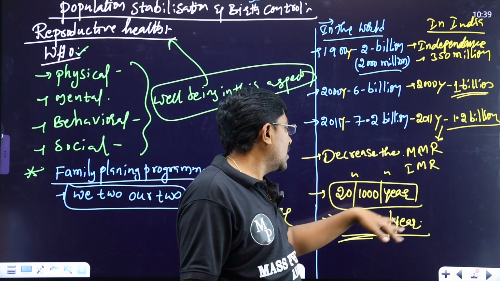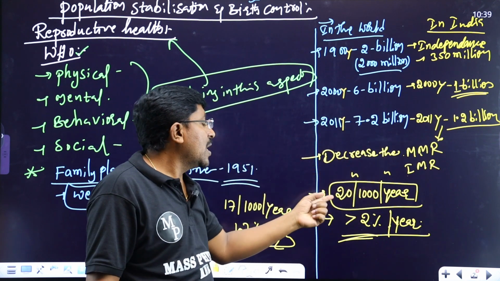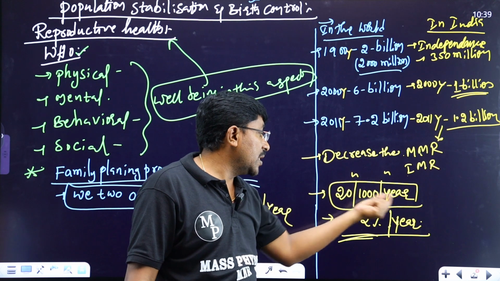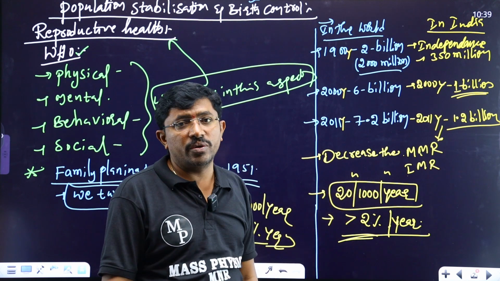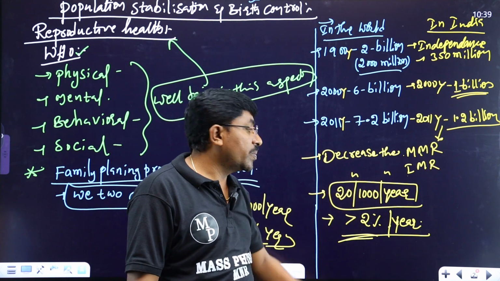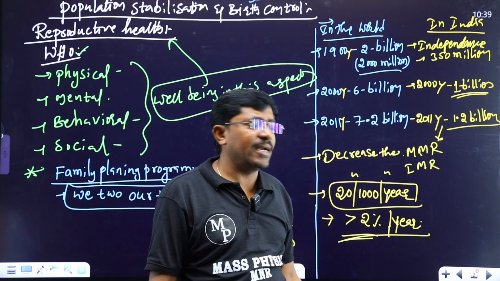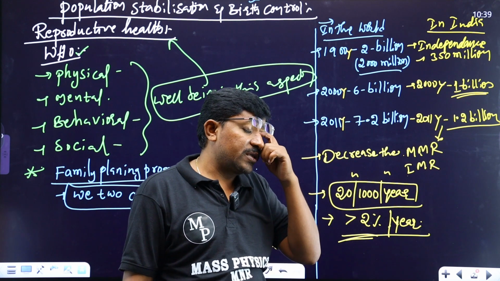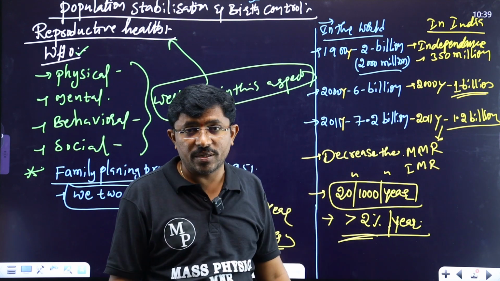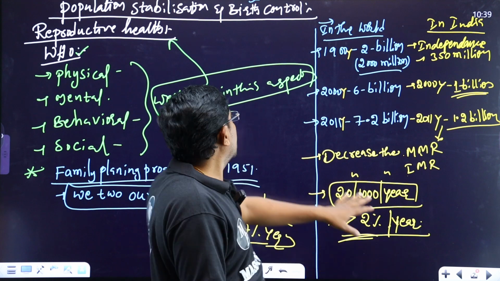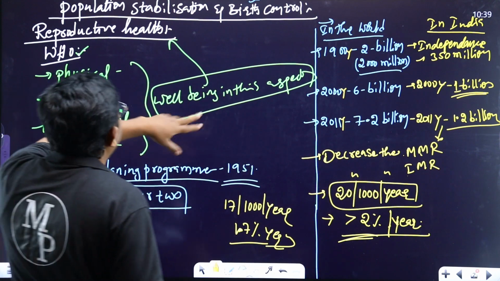So these are some very important points. In every 1,000 individuals per year 20 new offspring are produced. It is equal to less than 2% per year, and it may go around 2% also, but we consider less than 2%. So these are the important points.